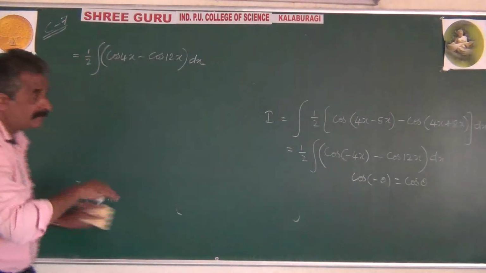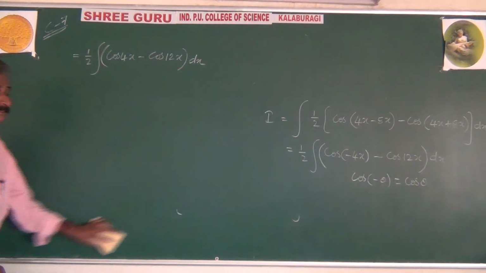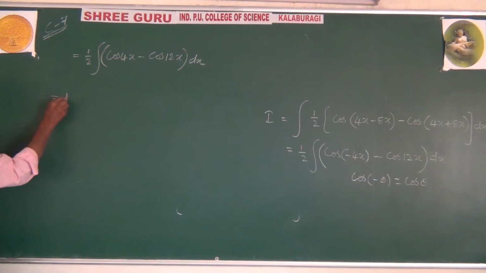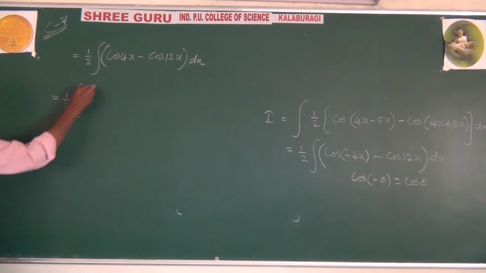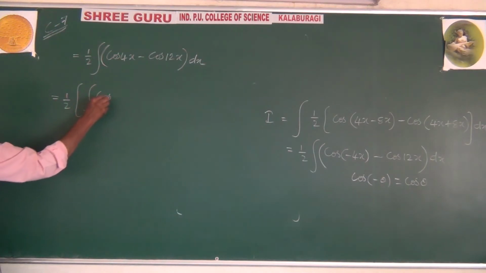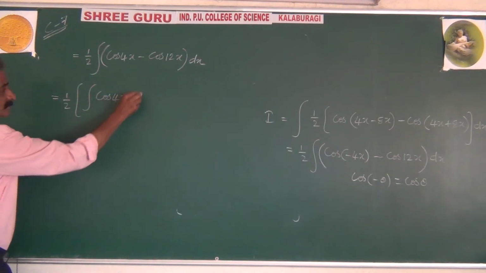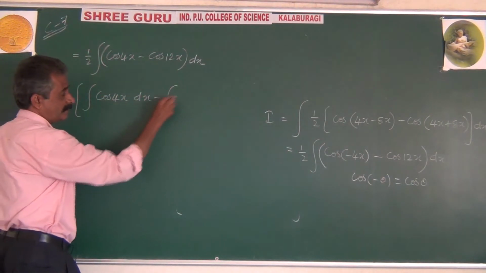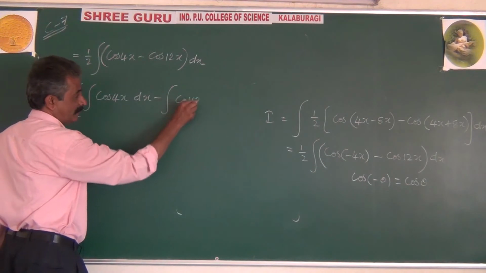Now easily we can break into two integrations, 1 by 2: first one, integration of cos 4x, minus second one, integration of cos 12x.